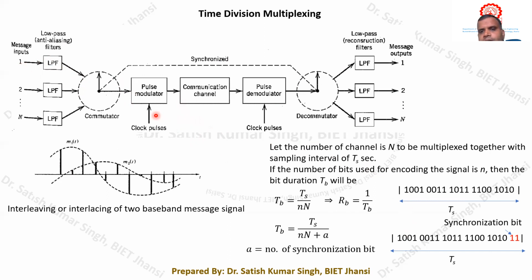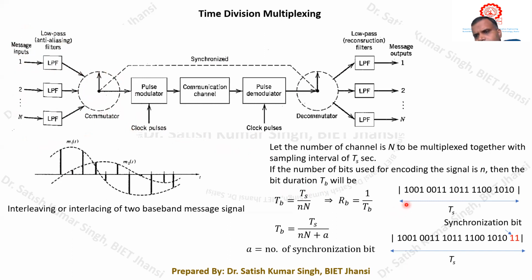Let us suppose there are a total of 5 such signals we want to multiplex. Within the TS duration, we are going to take a total of 5 samples, one from each message signal, and each sample is going to be encoded by 4 bits.